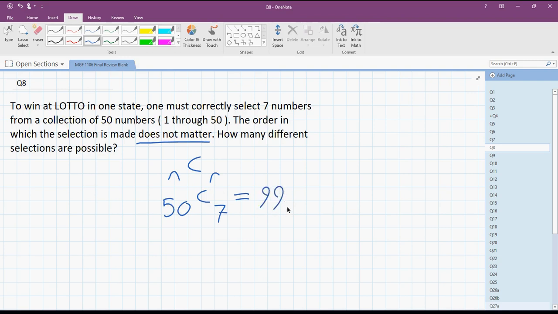There you go. 99,884,400 different lotto tickets. That's why it's so tough to win the lotto. There's tons of possibilities, and you have to find the one possibility that gives you everything that you need.